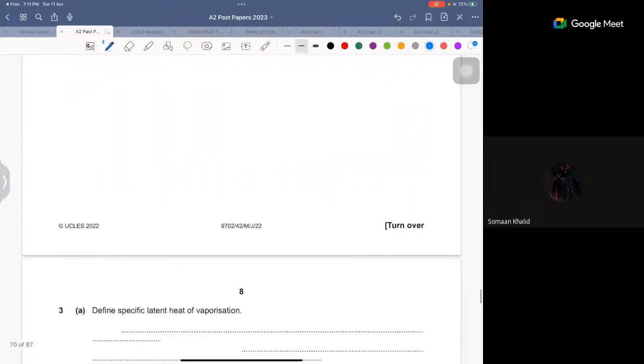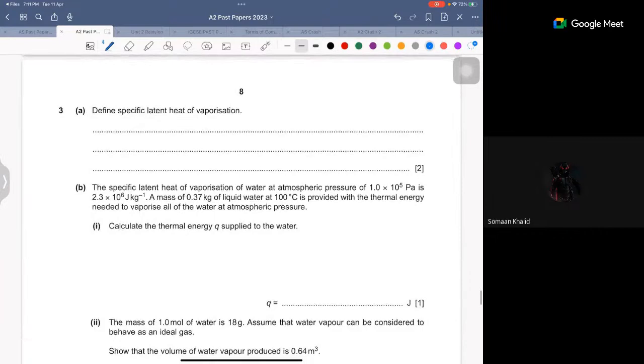Then going to the next, it says define specific latent heat of vaporization. So it is first the thermal energy per unit mass, that is 1 mark, needed to completely change the state of a liquid to gas or vice versa, that is the second.